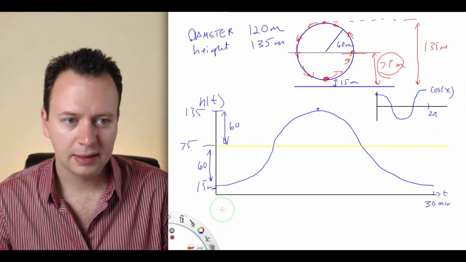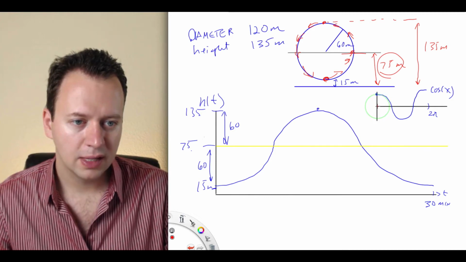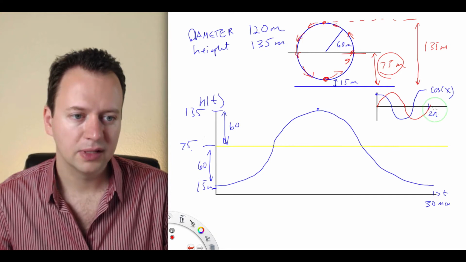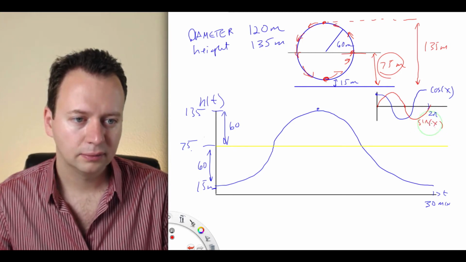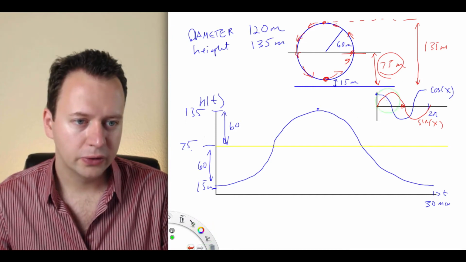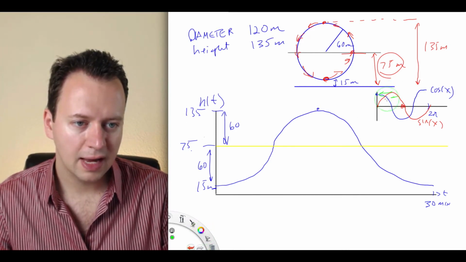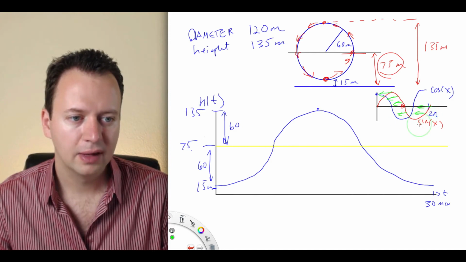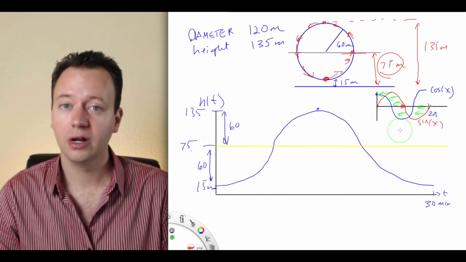Whereas sine of x starts at 0, comes up, comes down, and then comes like that. So that's sine of x. And you'll notice that if I were to shift sine of x 90 degrees, or pi over 2 radians, to the left, I would obtain exactly cosine of x.